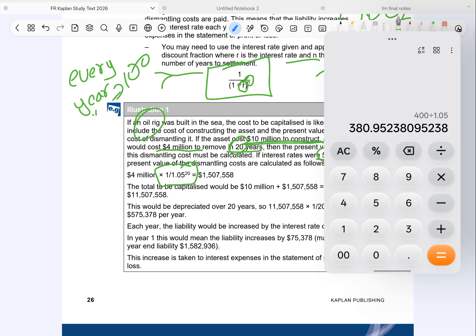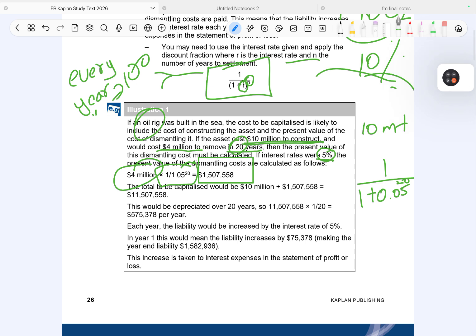One day when I have a calculator, I'll show it to you. I do not have a calculator with me right now, or you can use a scientific calculator also, but I don't have a scientific calculator with me right now. But one day I'll show it to you. If you keep pressing this 20 times, and then whatever number you get after pressing it for 20 times, multiply it by 4 million, you get it as 1 lakh 15 lakh 07558.